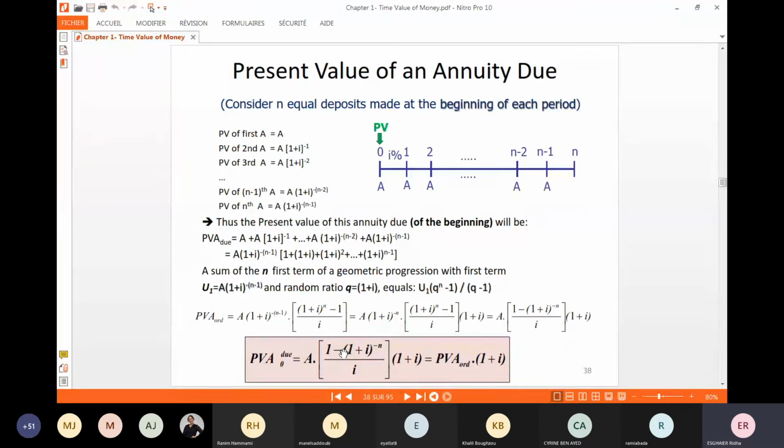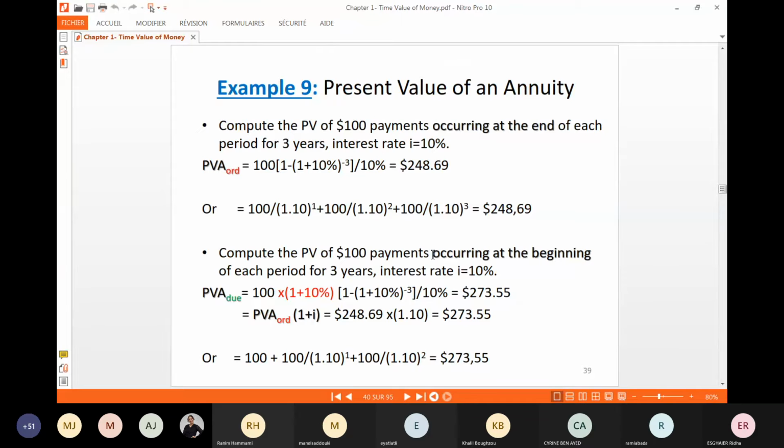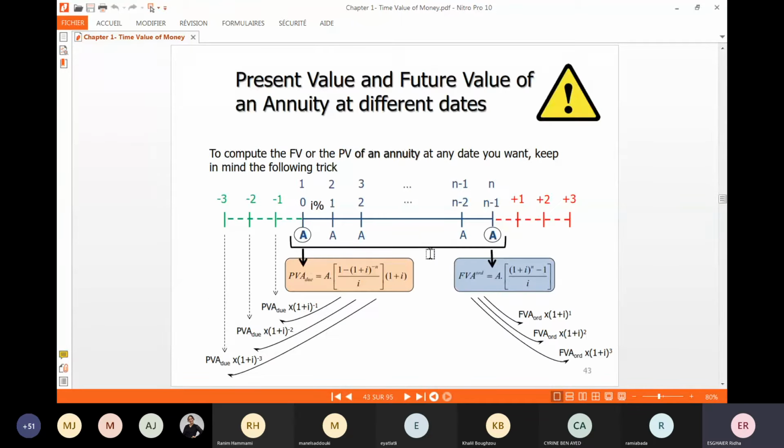Here, I will give you a trick to be able to compute the future value and the present value of any series of deposits, regardless of the kind of annuity, annuity due or ordinary annuity. Let's take this example. Suppose we have n deposits or n amounts to be received, n A's. So when we have n A's, for example, 3 A's.